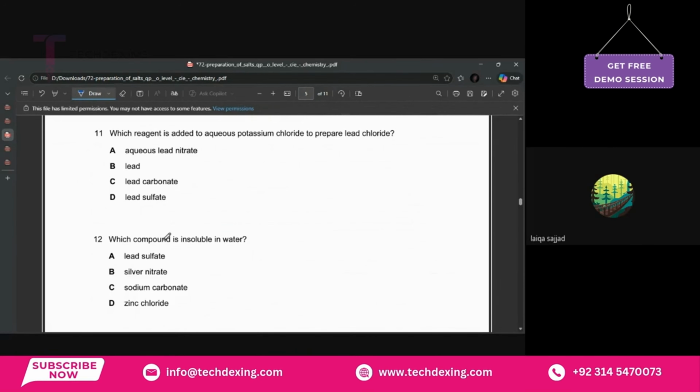Which one? A. Aqueous lead nitrate. Very good. And why are options B, C, and D not correct? Because they're all insoluble and they do not work with precipitation. Very good, excellent.